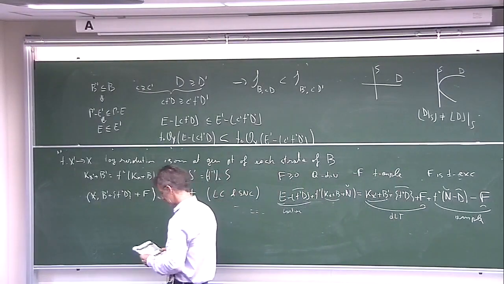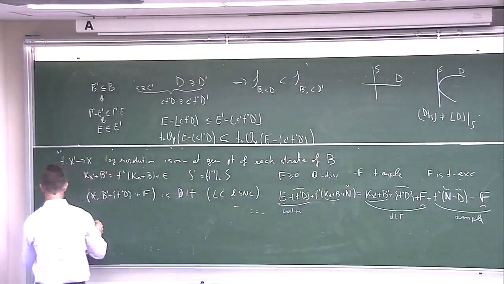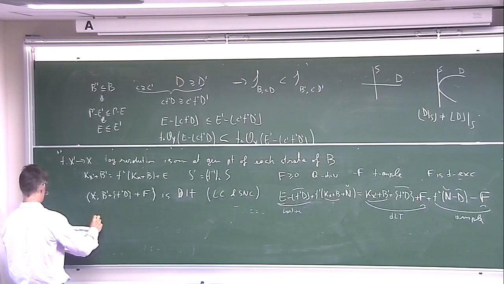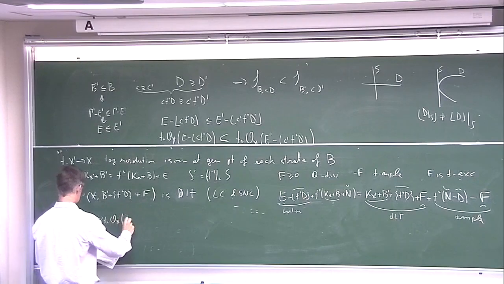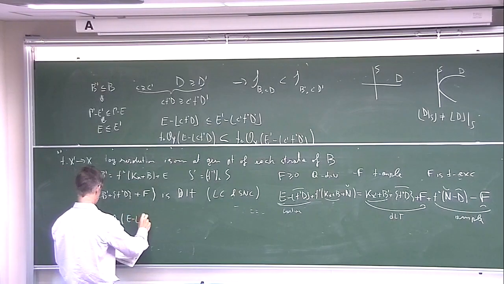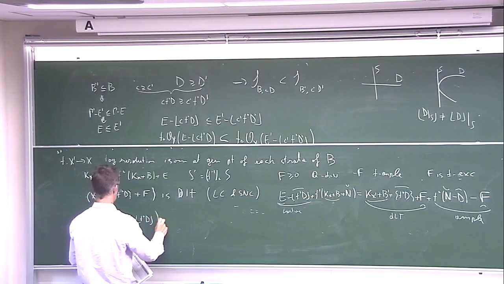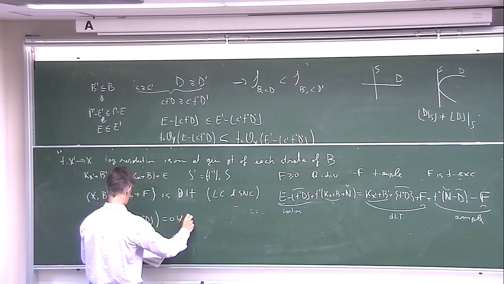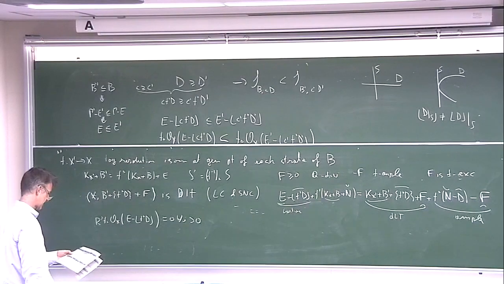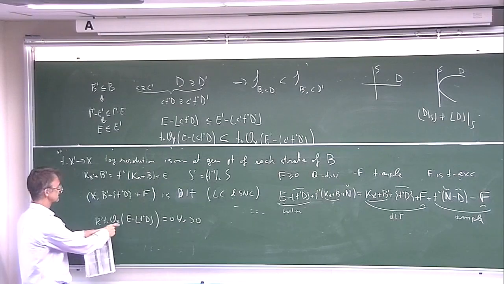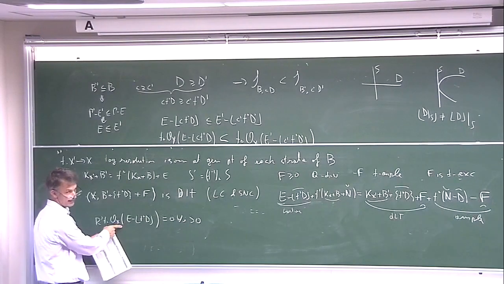So that tells me that certainly R^i f lower star of O_X(E minus the round down of f upper star of D) is equal to 0 for every i greater than 0. And it also tells me, this is the gadget that gives you the multiplier ideal.